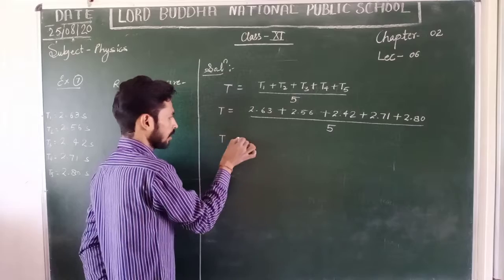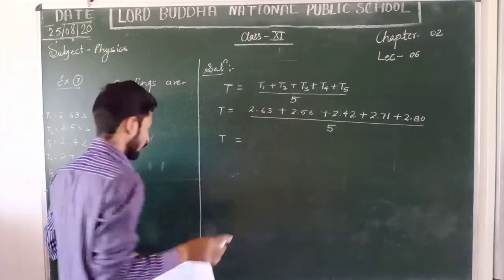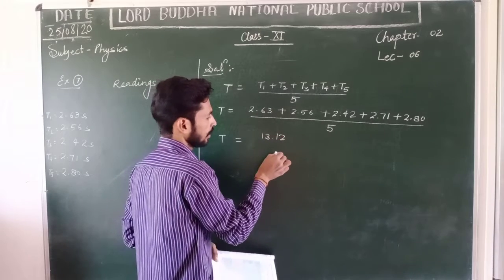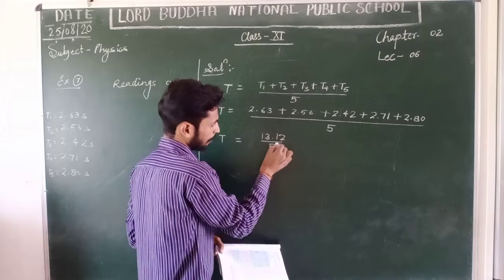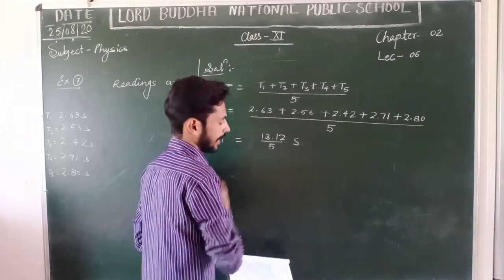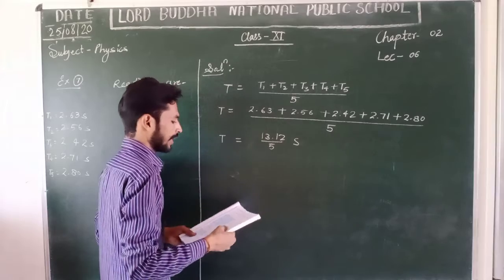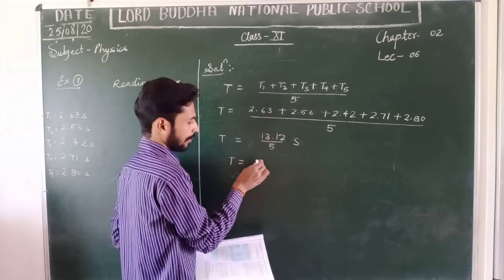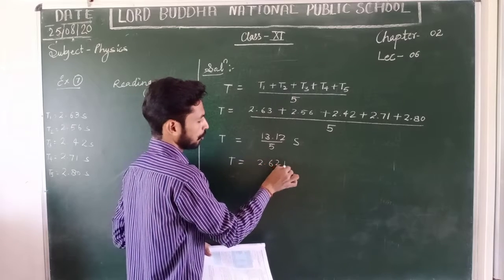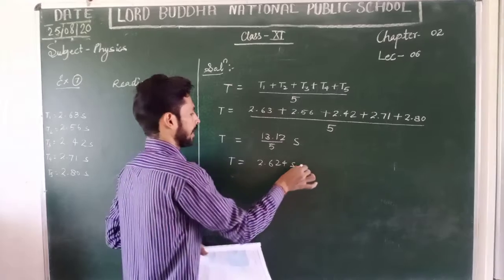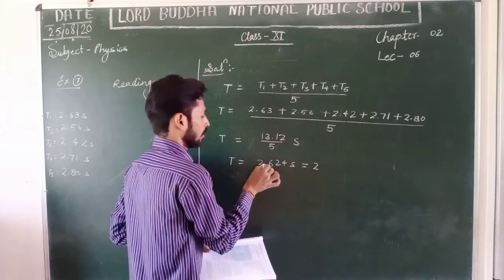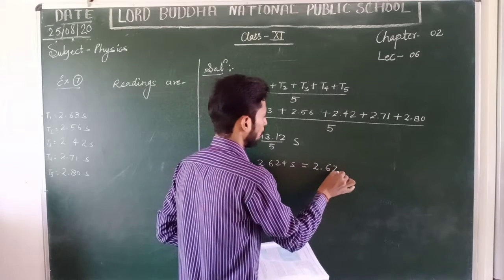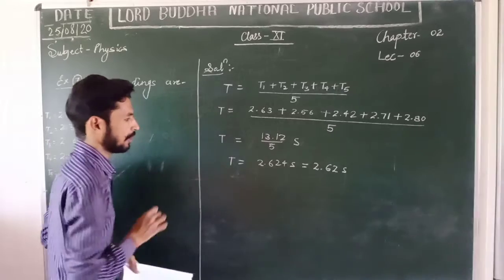So T mean equals, adding the terms, 13.12 divided by 5 second. If we divide it, we get 2.624 second, and for simplification, 2.62 second, that is the mean value.